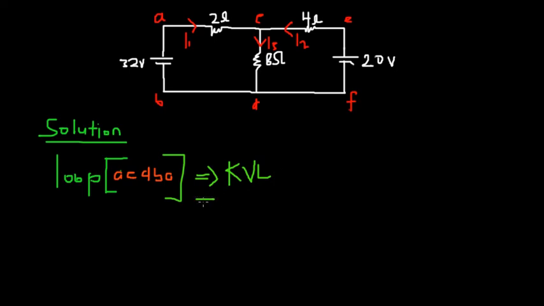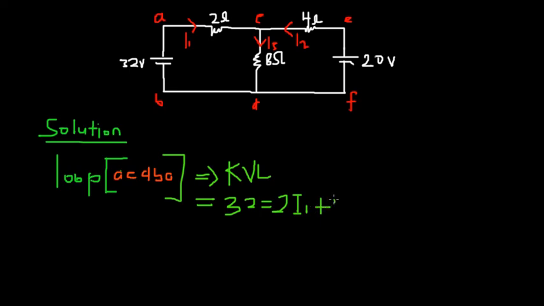Using KVL, we have 32 volts equal to the 2 ohm resistor times I1, so 2 I1, plus, because the current coming from the 32 volts is moving in the same direction as I1, I3 will be positive.